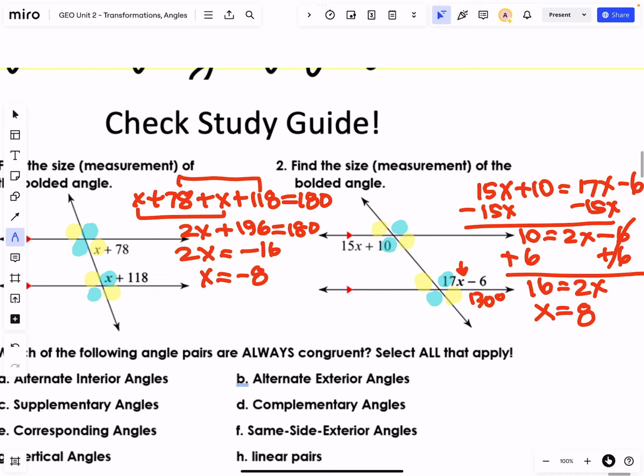While the 15x, that's 15 times 8, 80 and 40, 120, plus 10, also 130 degrees. So yay. For this one, it doesn't matter which one you chose, right? You would end up with 130 degrees for your angle measure.